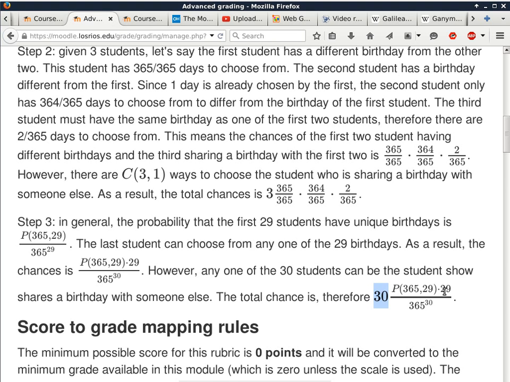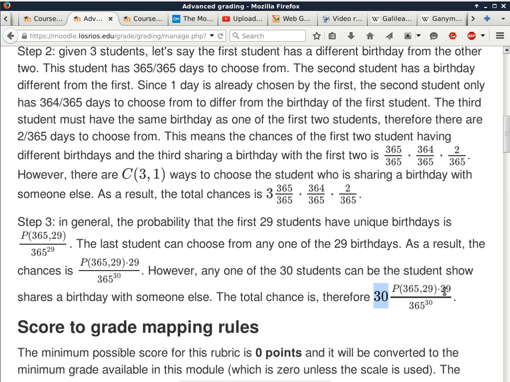Yep. For the practice exam, did we come up with a different number? The practice exam is a little bit different, and that's a key difference. In the practice exam, I was asking what the chances are that at least 2 students share the same birthday, which is not the same as asking about exactly 2 students sharing the same birthday. So the practice exam also includes the chances of 3 students sharing the same birthday, any 4, any 5.